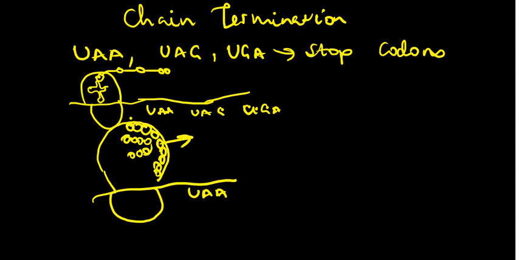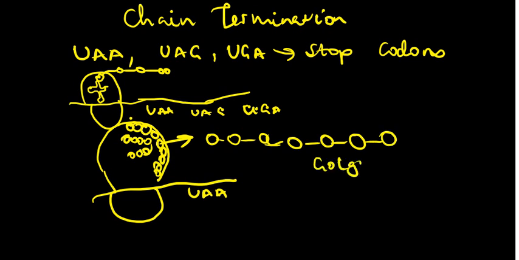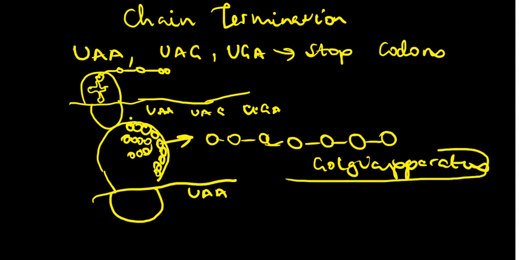So the synthesis of the polypeptide chain stops, and at this point the polypeptide chain is released. Whenever this is encountered, this new polypeptide chain is released into the cytoplasm to be further folded in the Golgi apparatus, which you are going to learn with time. This Golgi apparatus is where the proteins are now folded.